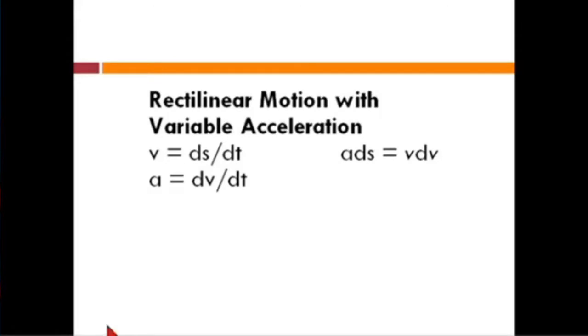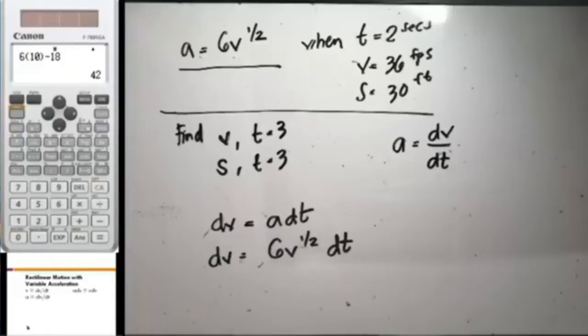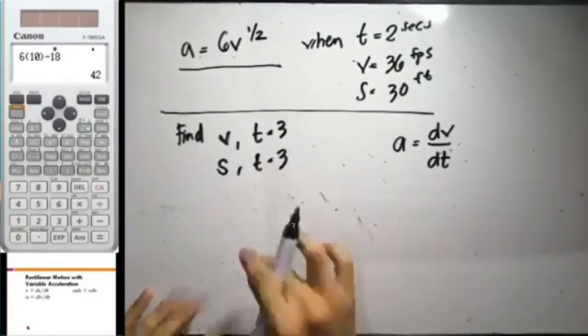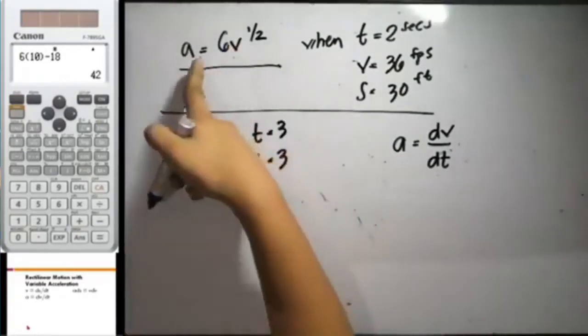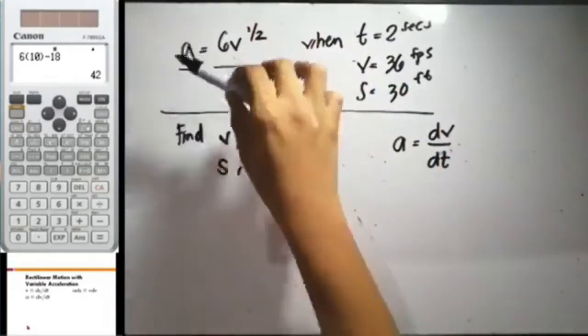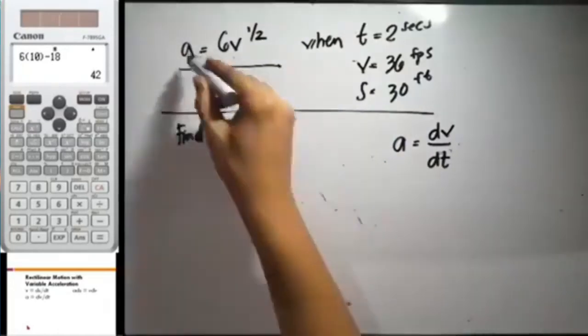Balikan natin. Alam natin na velocity equals ds over dt. Pwede tayo magsimula rito. Acceleration equals dv over dt.